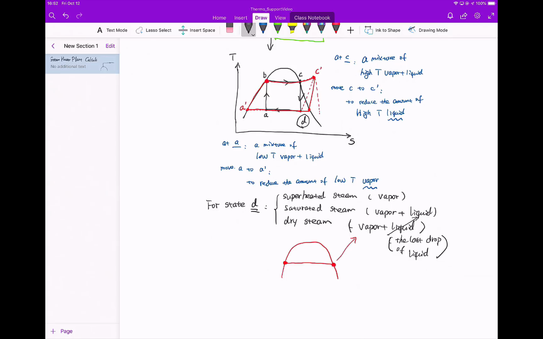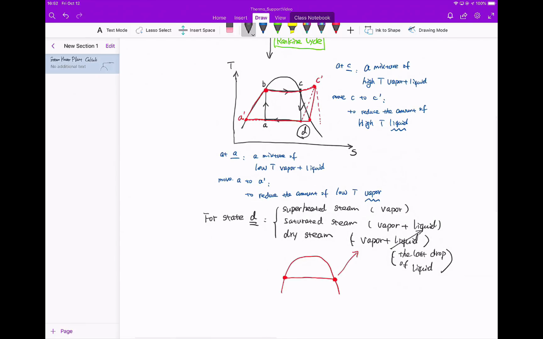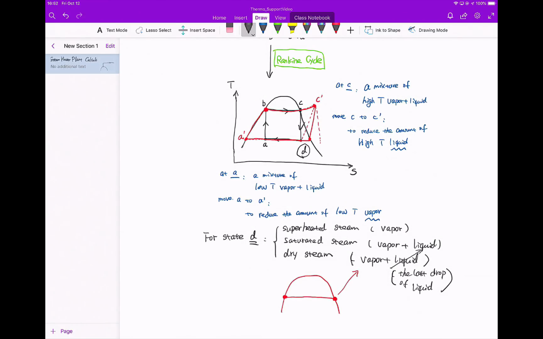Alright, so those would be the understandings looking at the Rankine diagram.